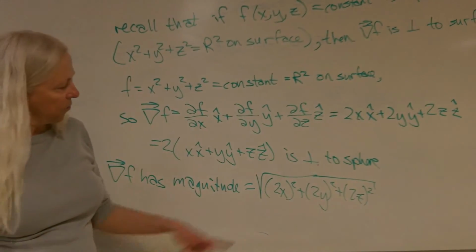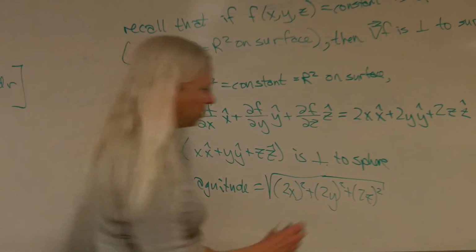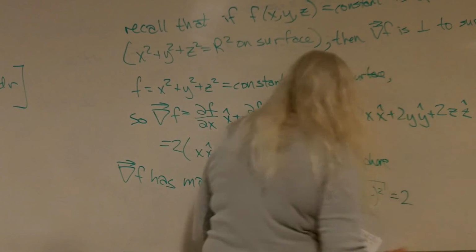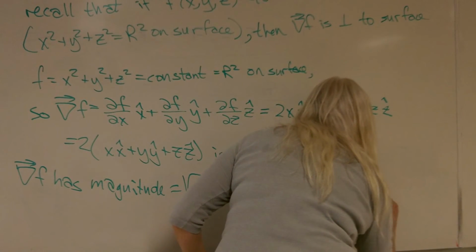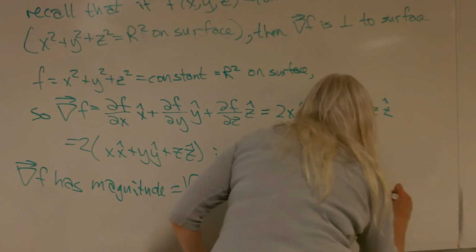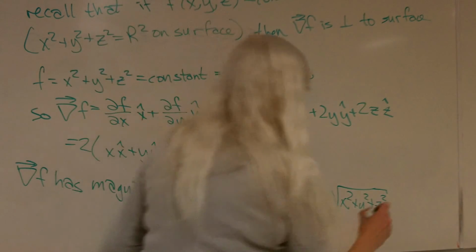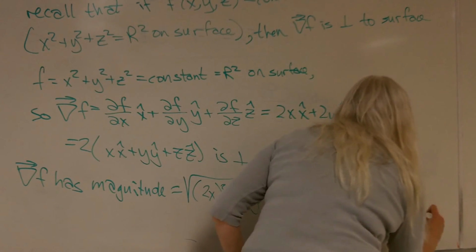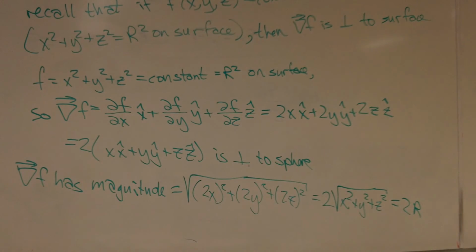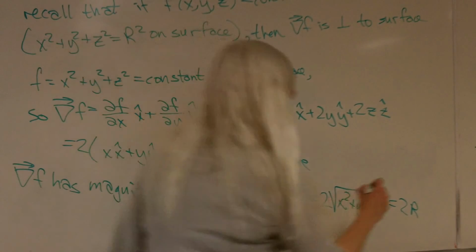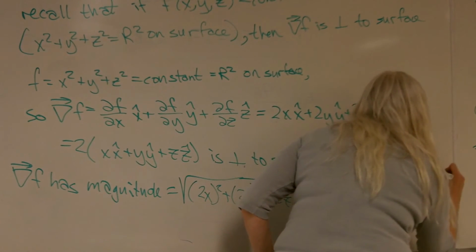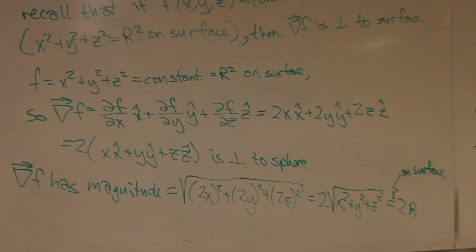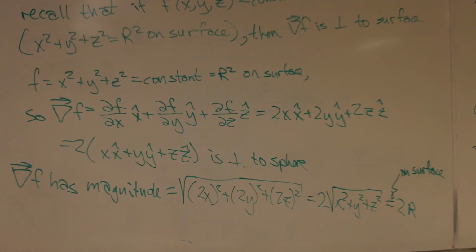We can pull that 4 out in front, in fact out in front of this square root, at which point it turns into a 2. So this is 2 times the square root of x squared plus y squared plus z squared, or in other words, 2 times capital R. Because if we're evaluating this on the surface, we know that for any point along the surface, x squared plus y squared plus z squared equals capital R squared.